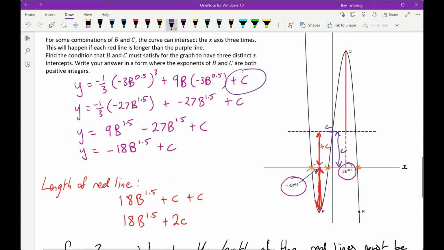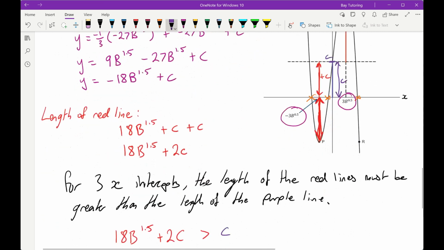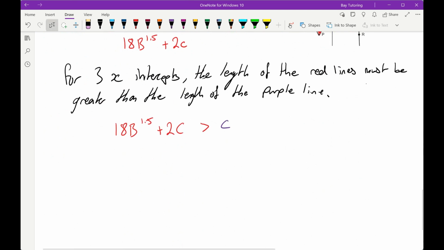So if we just check back what the question was asking: find the condition that b and c must satisfy for the graph to have three distinct x-intercepts. Write your answer in a form where the exponents of b and c are both positive integers. So let's get the c's together. We'll take away 2c from both sides.